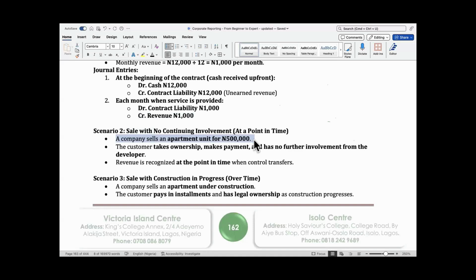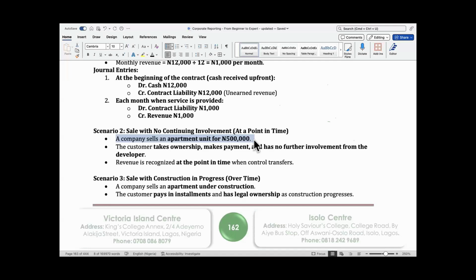You recognize revenue. So all those developers who say, come and buy off plan, who sell to you off plan, where you buy from them and give them money, the money they have collected, the accountant will be very wrong to record something like that as revenue.